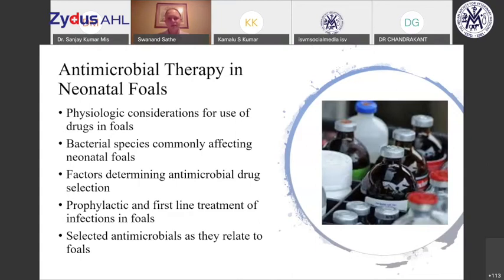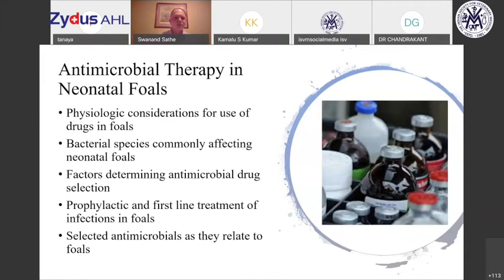And then there are certain factors like route of infection or location of that infection that we consider while selecting antibacterials for these foals. And then there's always this question about which antibiotic I should use as first line of treatment in a field setting where I do not have culture and sensitivity results.